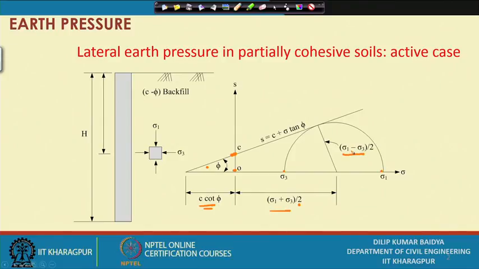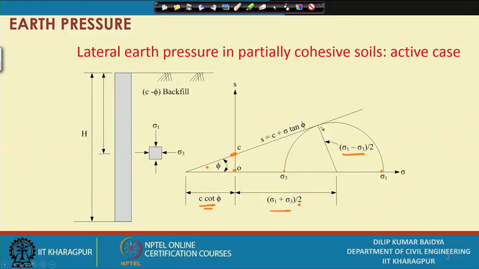Using this geometry, the way we have done the active case for granular soil, similarly we use this triangle to find the relationship between sigma 1 and sigma 3.